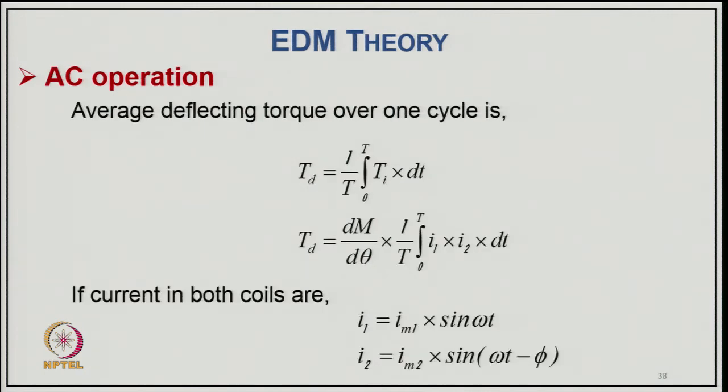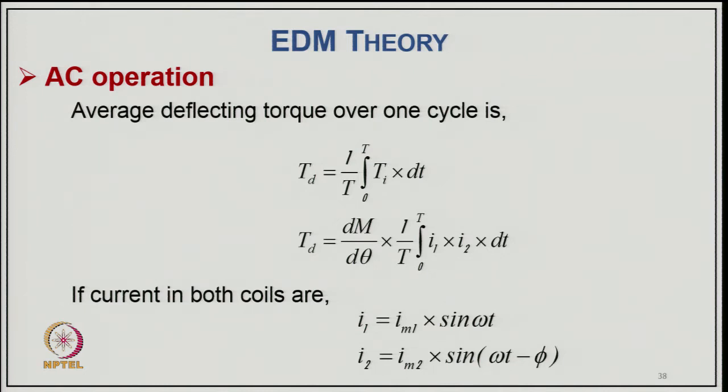And for AC operation, the average deflecting torque over one cycle is Td equal to 1 upon T integral 0 to T of Ti dt, and Td equal to dM upon d theta into 1 upon T integral 0 to T of I1 I2 dt.